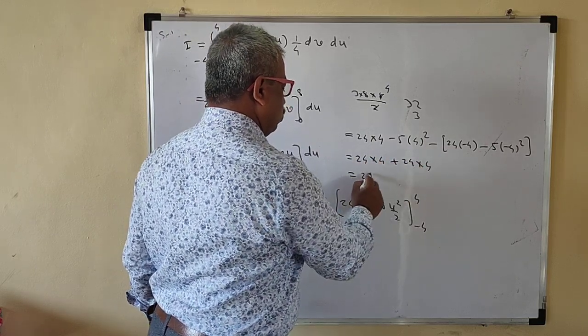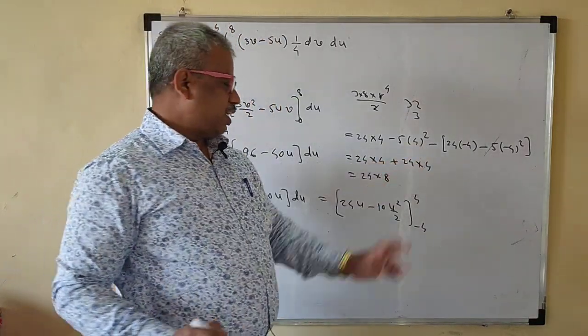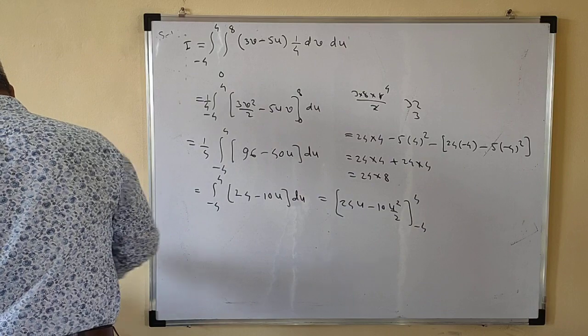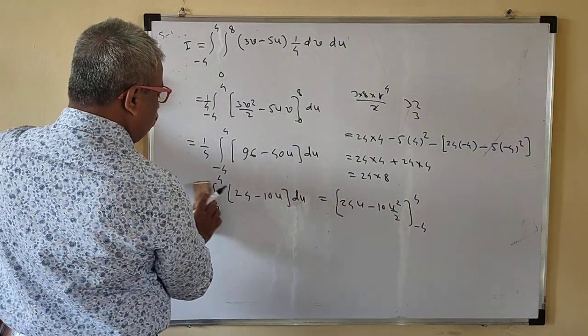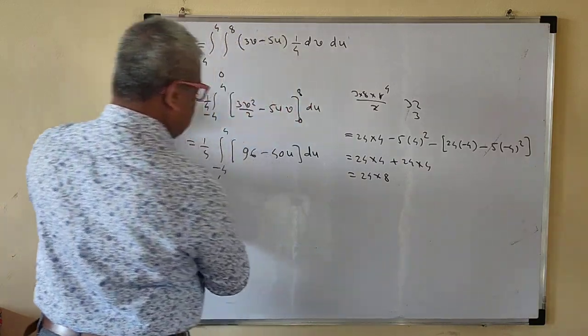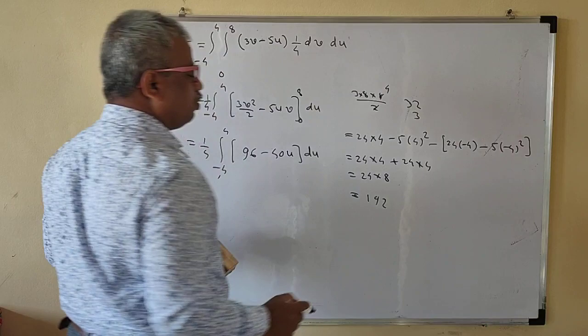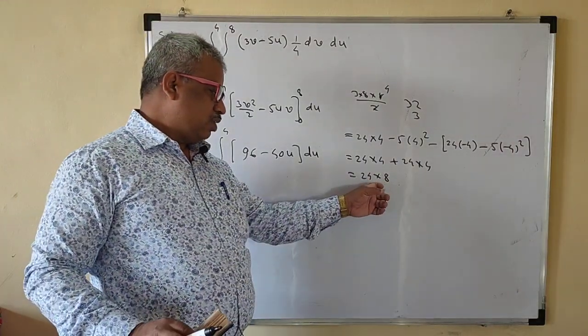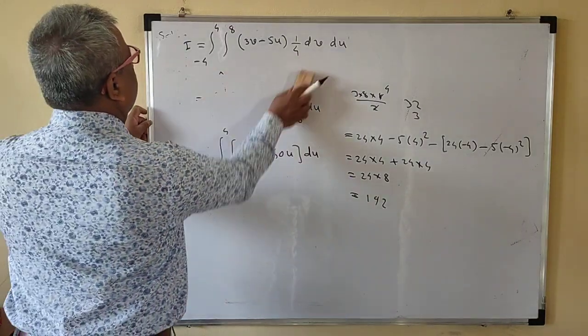So this is 24 into 8 now, right? So 4 plus 4 is 8. So this will be equal to 192. This is equal to 192. So 192 is the required answer.